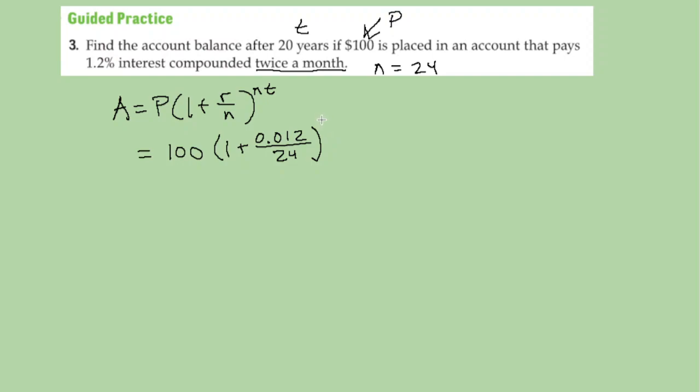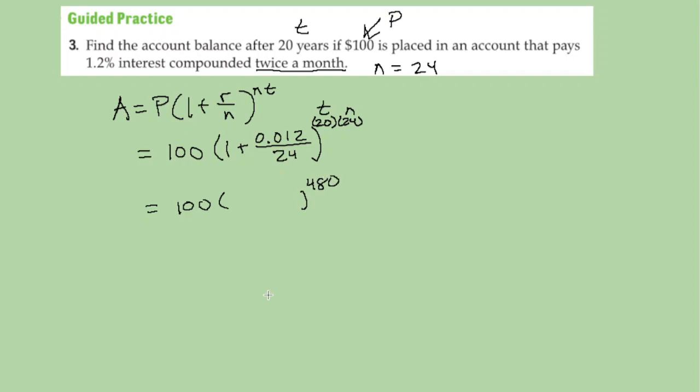But this N times T is going to be interesting because we have 20 years and 24, so we basically have 20 times 24 up here for my N times T, or T times N. Multiplication is commutative, so we're cool with that. So my exponent is going to be 480. So we're going to have 100 times whatever our number is going to be over 480.